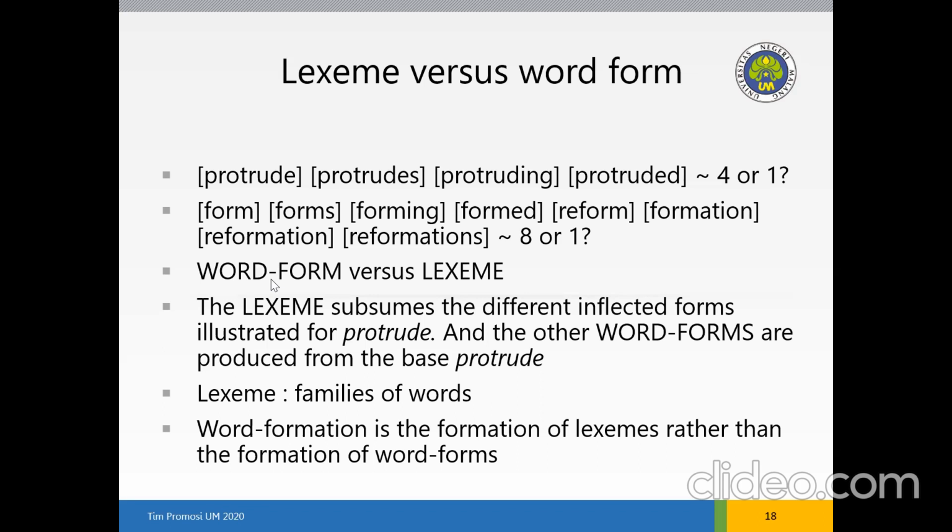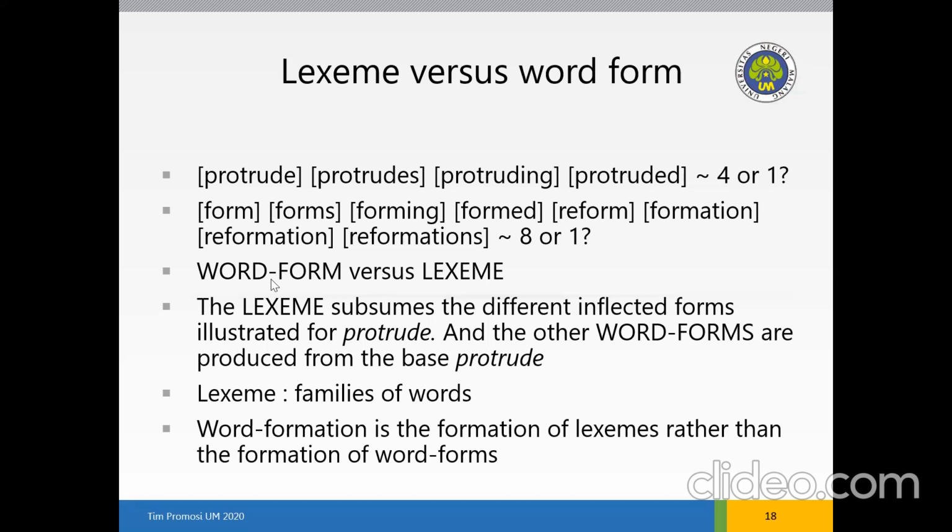So let us see the second one. We have form, form plus s, the plural one, and then we have forming, forms, reform, formation, reformation, reformations. So we have 1, 2, 3, 4, 5, 6, 7, 8 words, but it's only one lexeme.